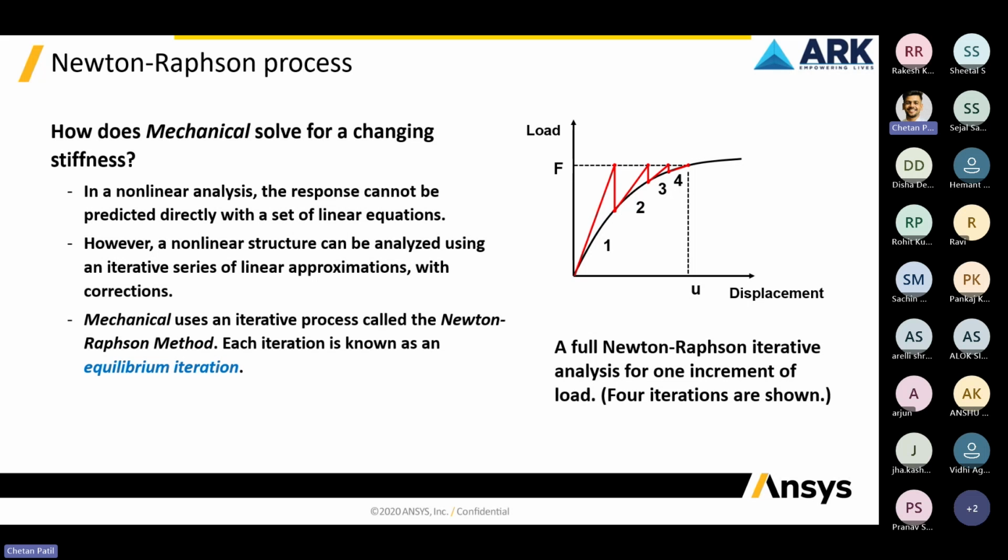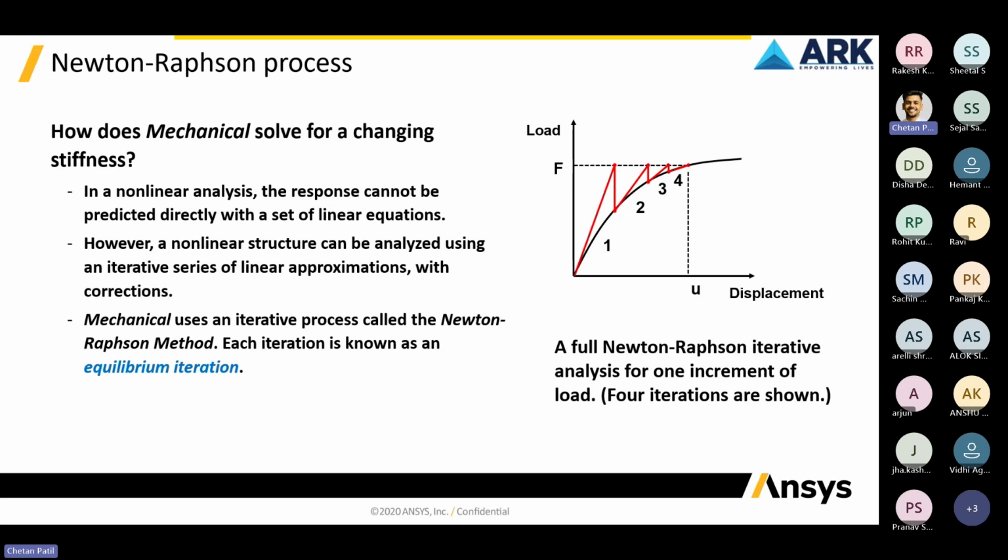So to overcome this, the non-linear analysis uses an iterative series, also called the Newton-Raphson method, which uses a linear approximation to get the simulation corrected in a more sequential and uniform way.